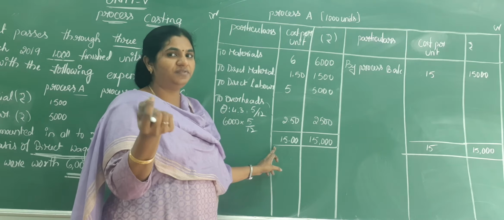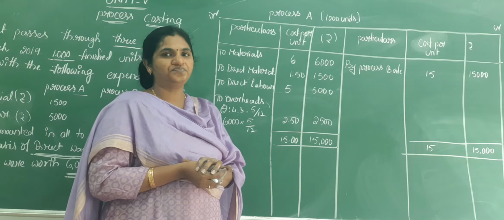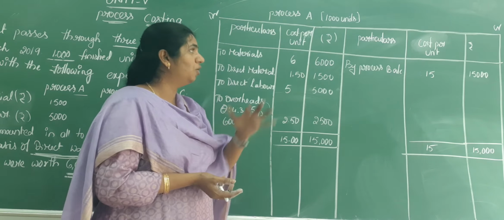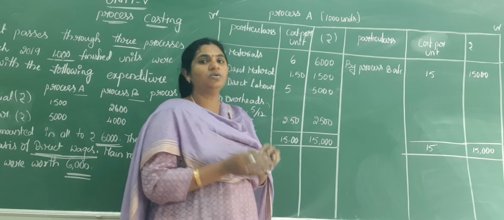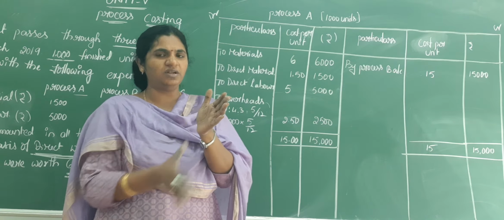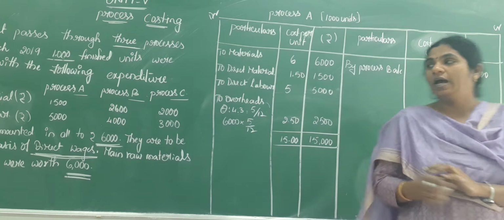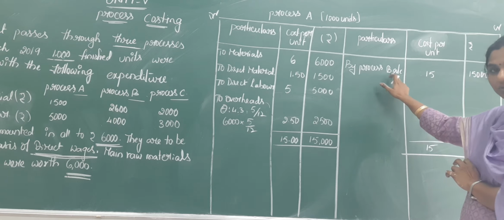If you divide 15,000 by 15 rupees, how many units did we produce? 1000 units. Now what do we need to do? We need to transfer these amounts to process B, because of the cost incurred. It's a process, one process after another process. So we need to transfer it to process B. So the transfer is by process B account.